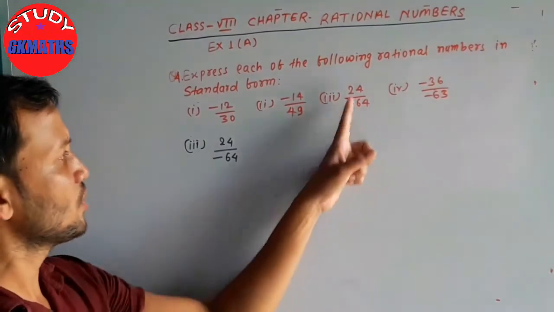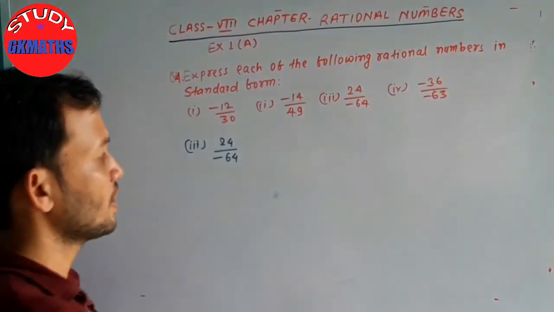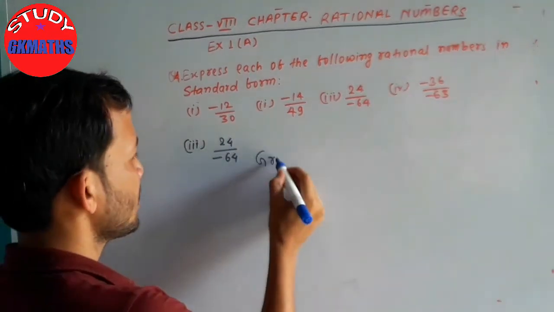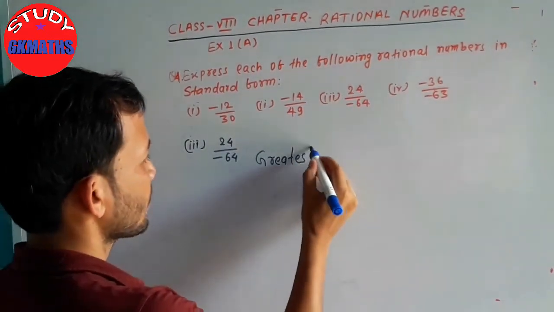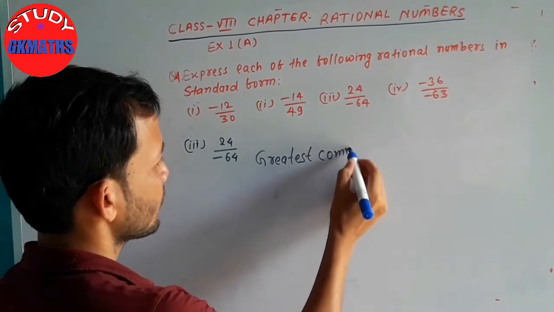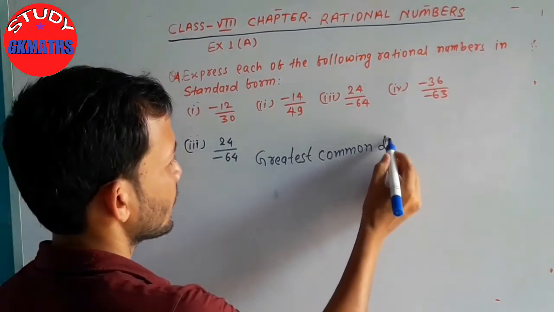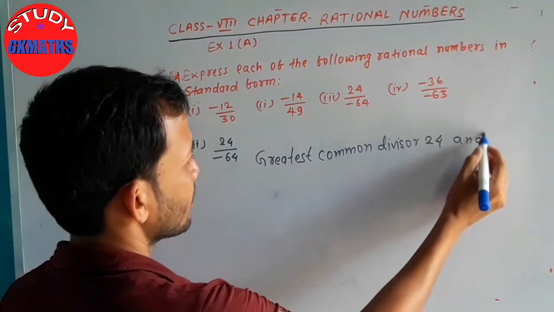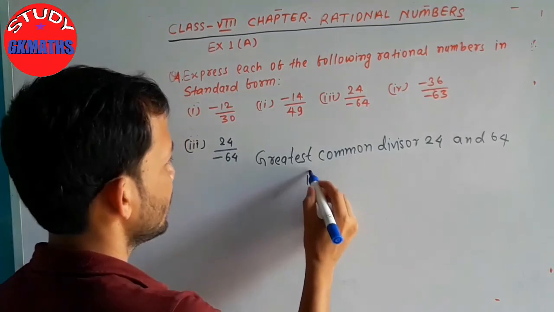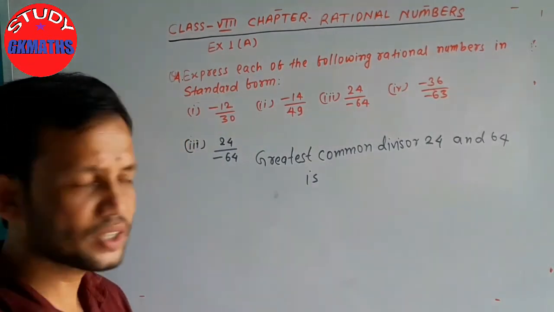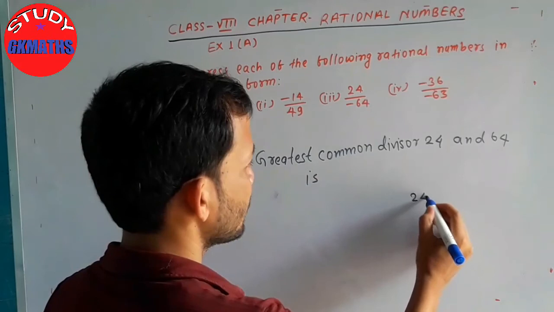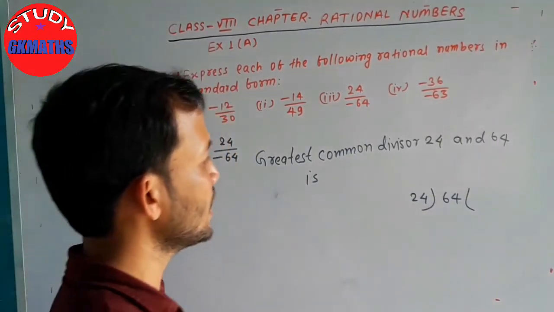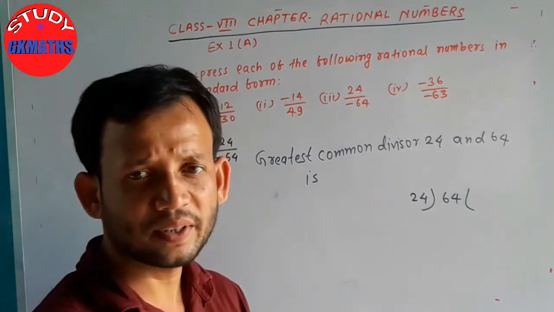The next question is 24 by minus 64. There also you find the greatest common divisor of 24 and 64. How can you find it? Simply divide 64 by 24. 24 twos are 48, 24 threes are 72.